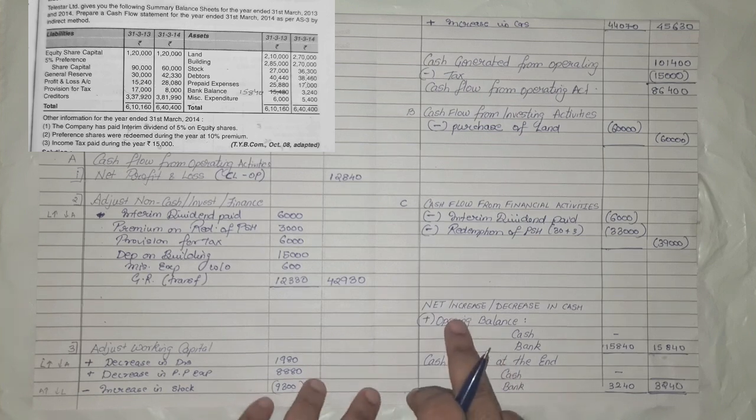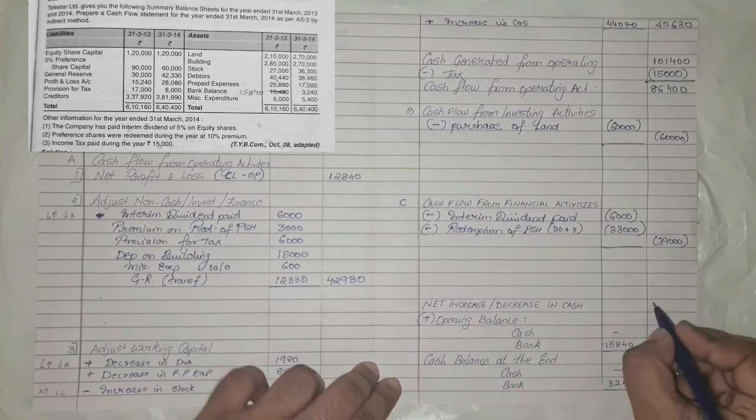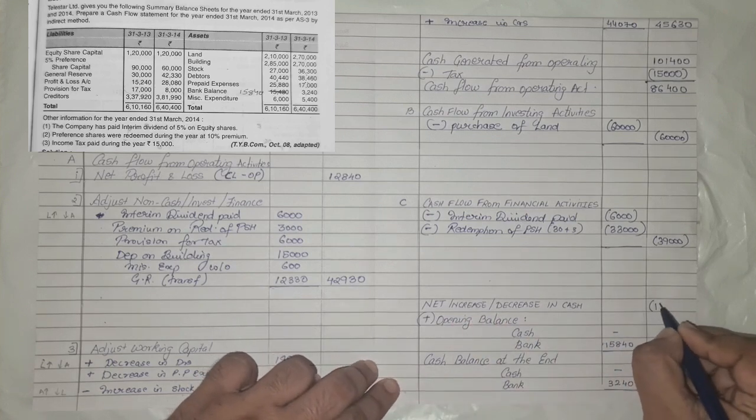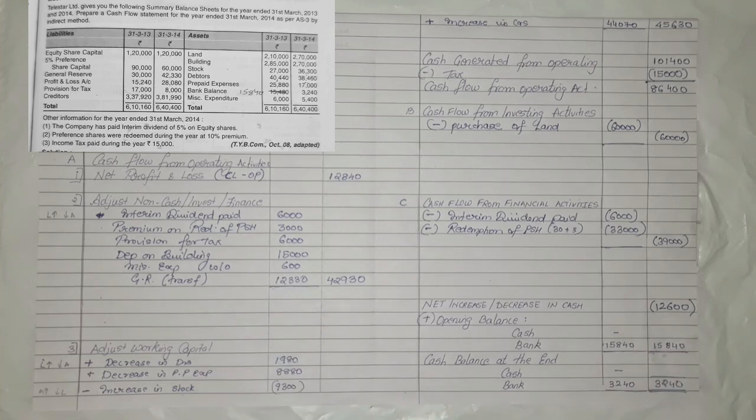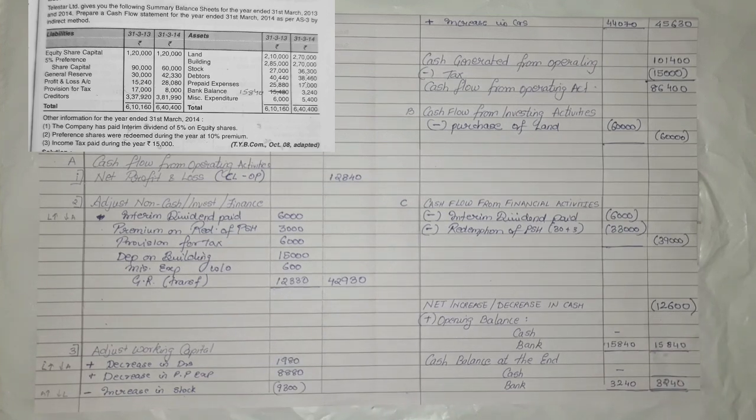So in this case it will be a net decrease in cash, negative 12,600. To negative 12,600, we add the opening balance, that is 15,840. So we get 3,240, which matches our closing balance.